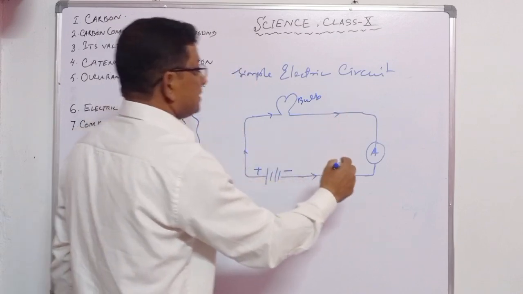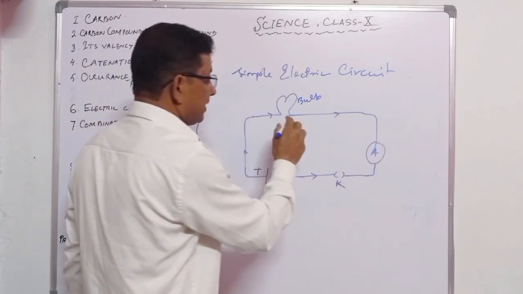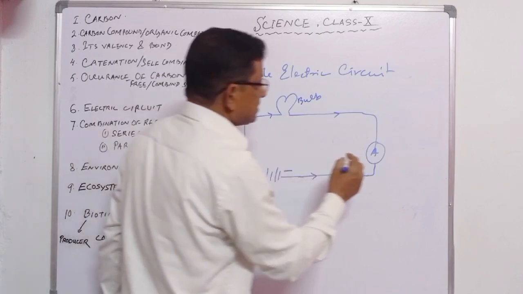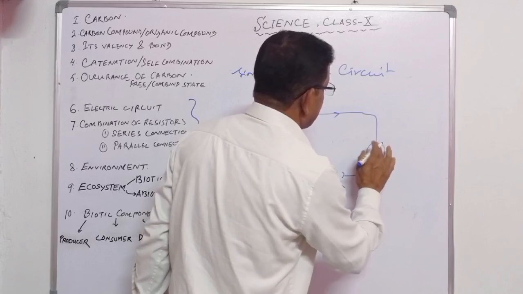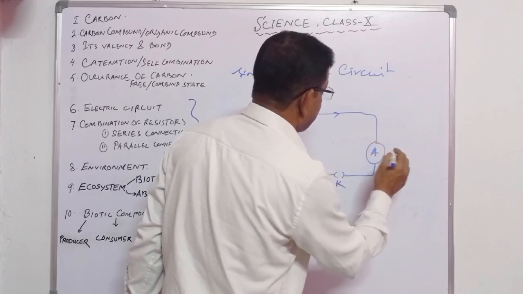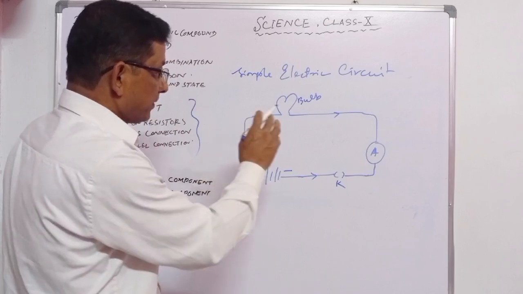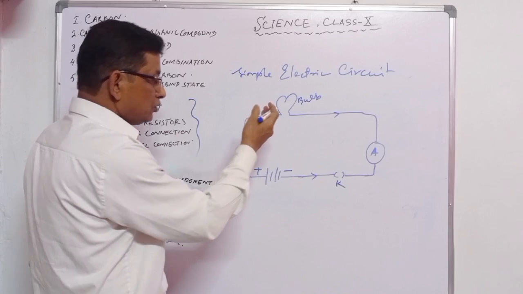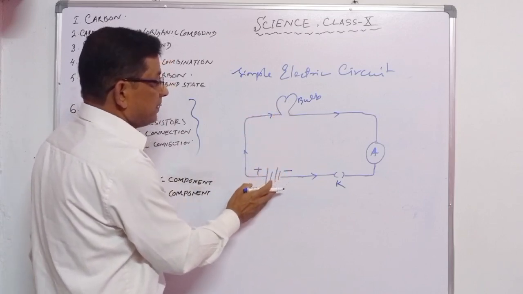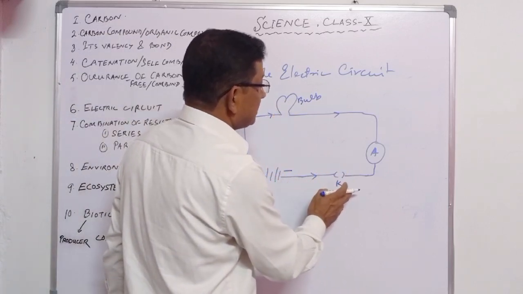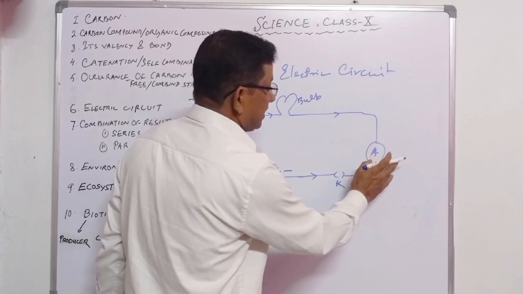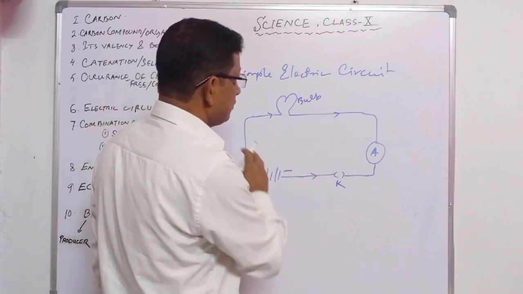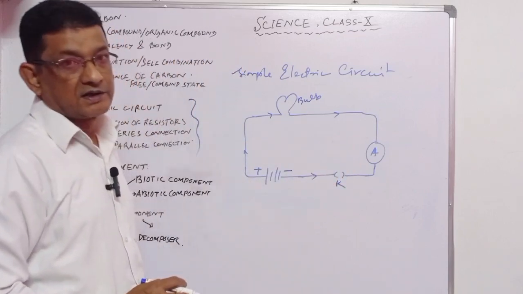So this is a continuous path of electric supply, and the amount of current flowing in the circuit can be measured by an ammeter. This type of arrangement, made by connecting wire to a resistor with a battery by means of a key, with or without a meter, is known as a simple electric circuit.